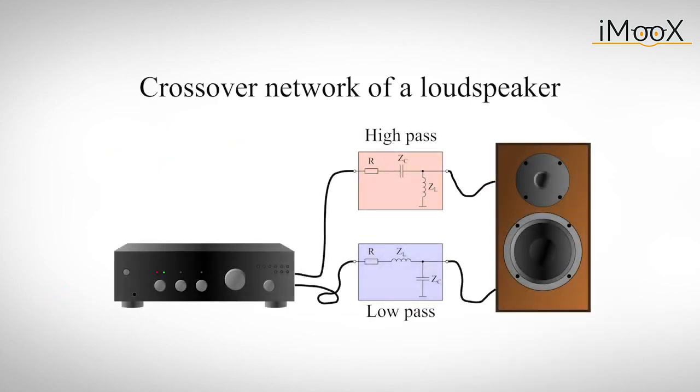The passive low and high pass filters we have seen until now are most commonly used in audio applications like crossover networks for HiFi speakers. These filters separate the low and high frequency components of an audio signal coming from the amplifier to drive a subwoofer or a tweeter.